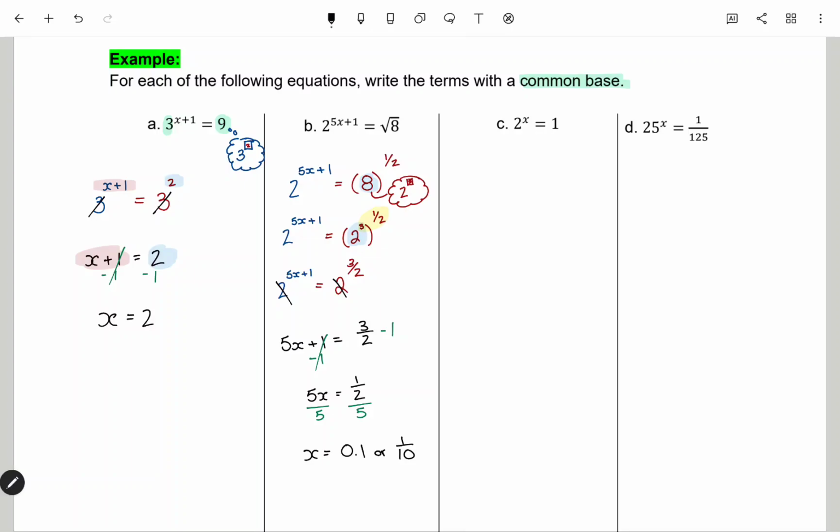All right. This side here, again, to the power of x, nothing we can do with that. But this right side here, again, we have to think: 2 to the power of what equals 1?